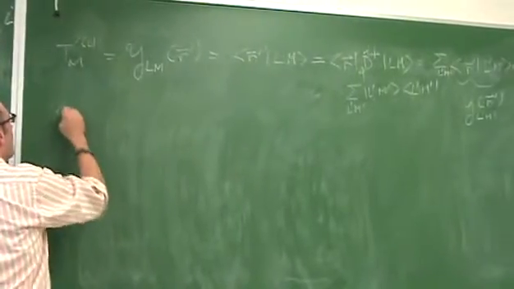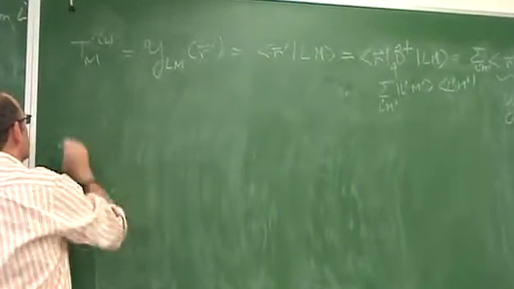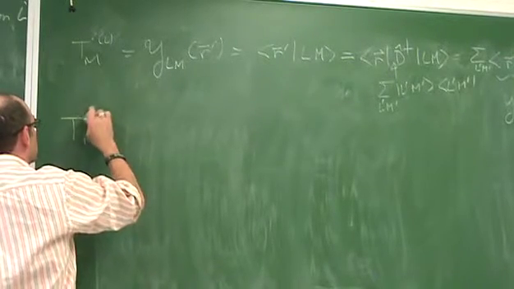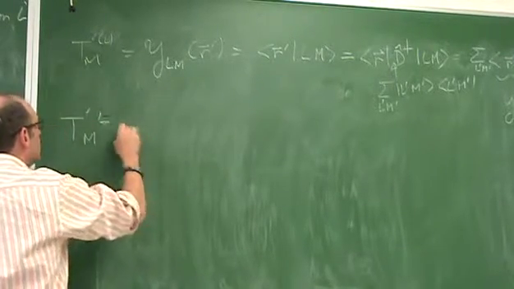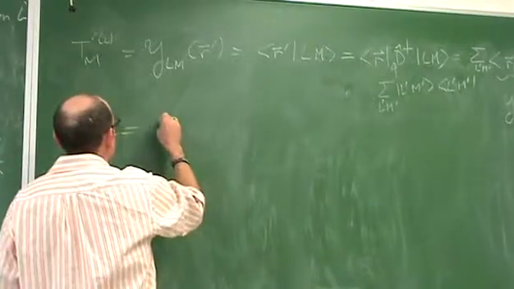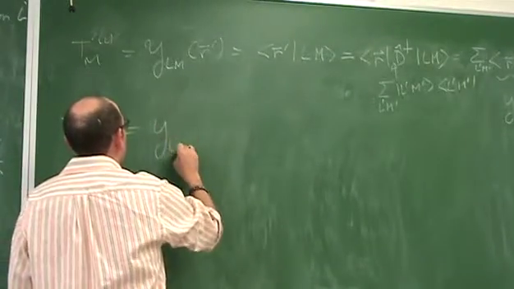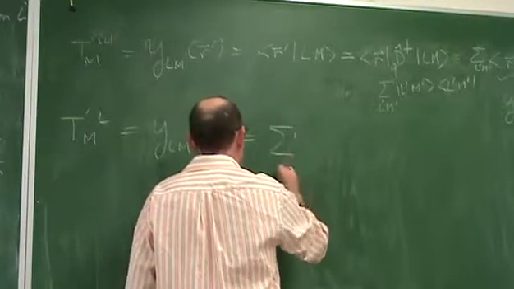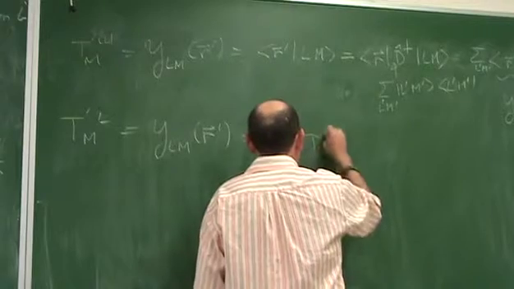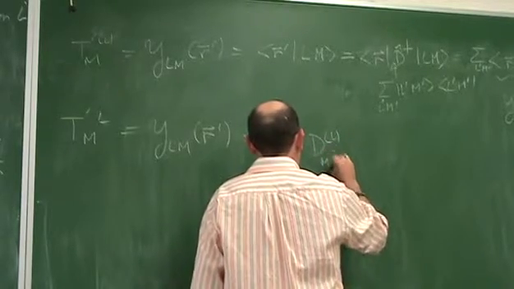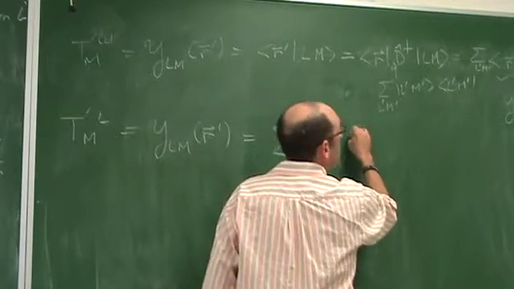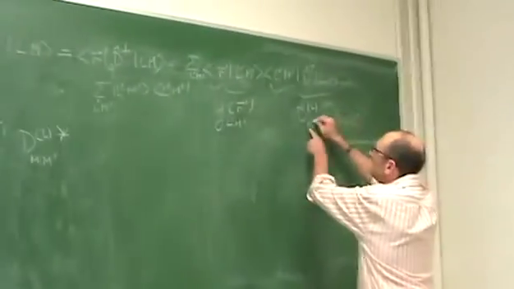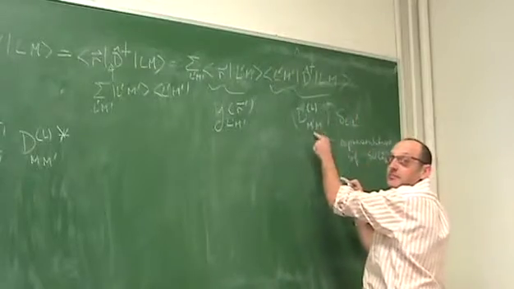So T' as a function, Y_LM of R' is given by the sum over M' of D^L_MM' star, so that's why I got this backwards, excuse me.